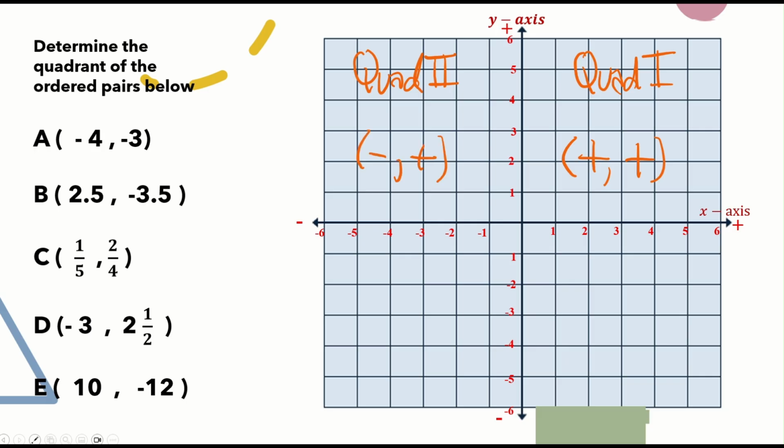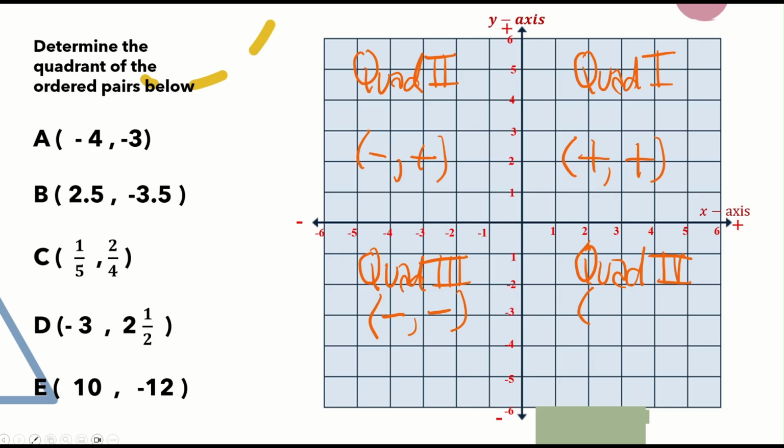Quadrant 2 goes to the left and up, so it'll be negative and positive. Quadrant 3, we go to the left and down, again making it negative, negative. And then for quadrant 4, we go right, which is positive, and then we go down, which is negative. So in that case, it'll be a positive, negative.